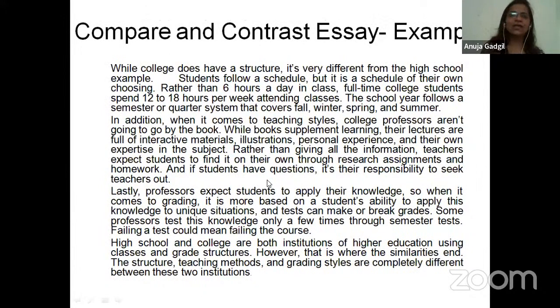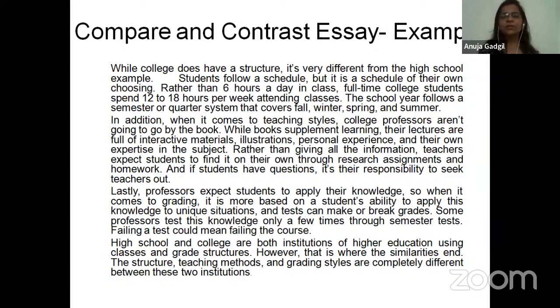While college does have a structure, it's very different from high school. Students follow a schedule, but it is a schedule of their own choosing. Rather than 6 hours a day in class, full-time college students spend 12 to 18 hours per week attending classes. The school year follows a semester or quarter system that covers fall, winter, spring, and summer. In addition, when it comes to teaching styles, college professors aren't going to go by the book.